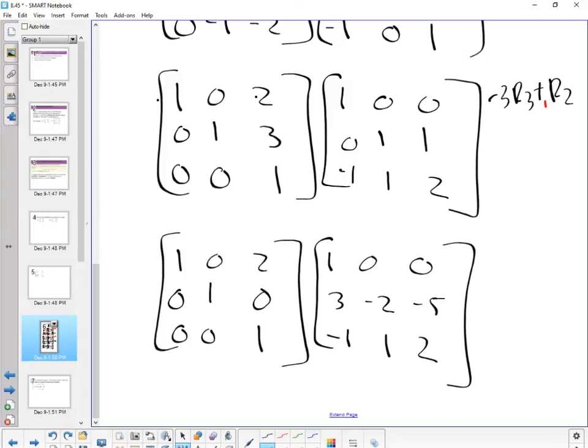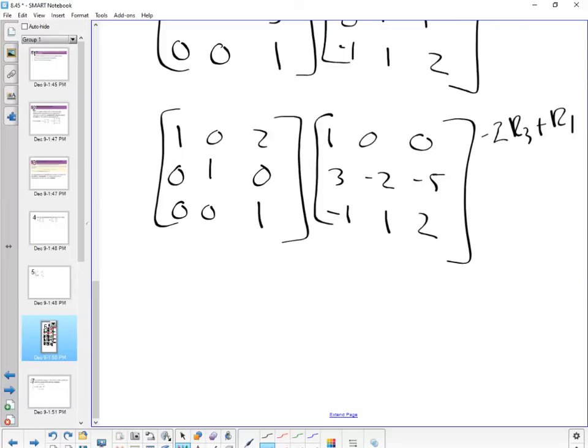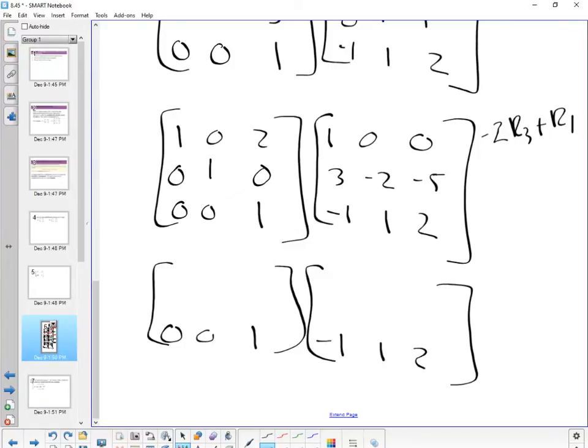And then finally, I can take this last one, right? Multiply by negative 2 and add them up there. So negative 2 times row 3, add them to row 1. And this should be our last one. So, this is not changing. This is not changing. This last one's changing.